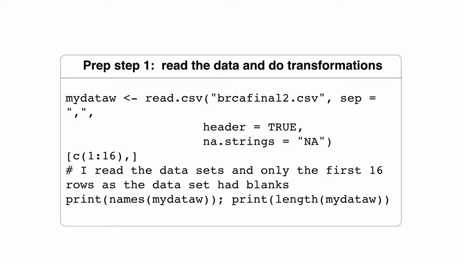We have kept the header to be true, which means that the column headers will be retained, and if there are strings, or if there are value points that are not available, then they are kept as NA or missing values. And we have selected the first 16 observations. So it's very simple. You can practice printing the names of the data set and then print the length of the data set to just check that things have really worked out.